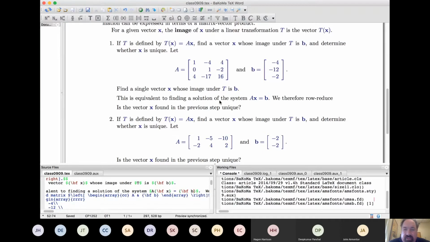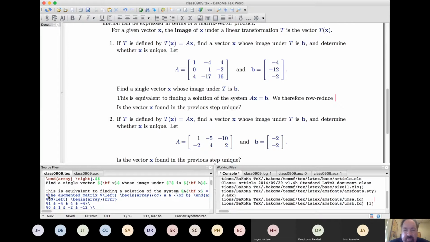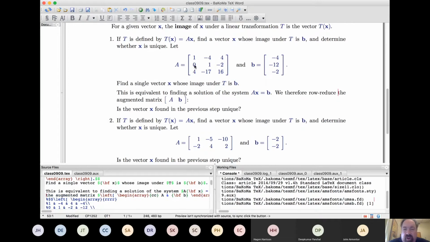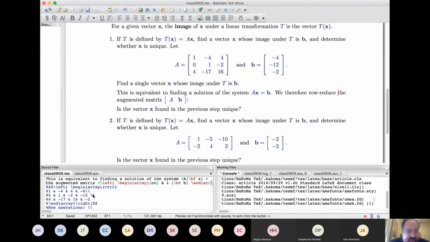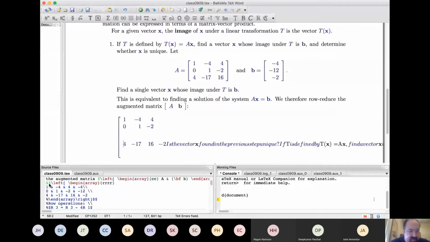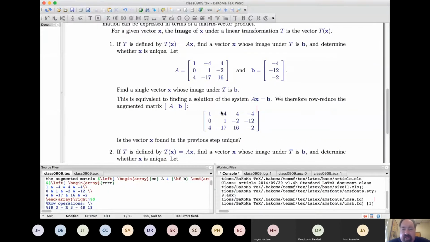So you're doing the same thing as you have been from the beginning, performing row operations on this augmented matrix. We take A and B and put them together. Then we're going to row reduce this, and if we find that the system is consistent, then we'll know that there is a vector x whose image is B, and we'll also be able to solve for it.